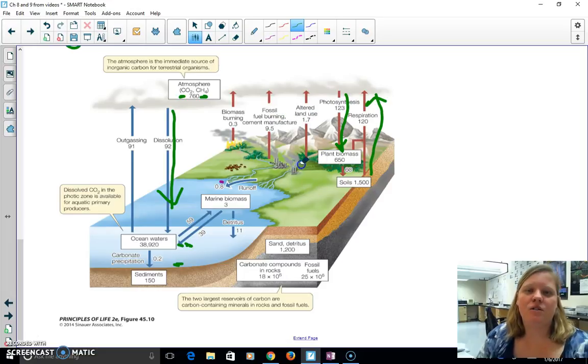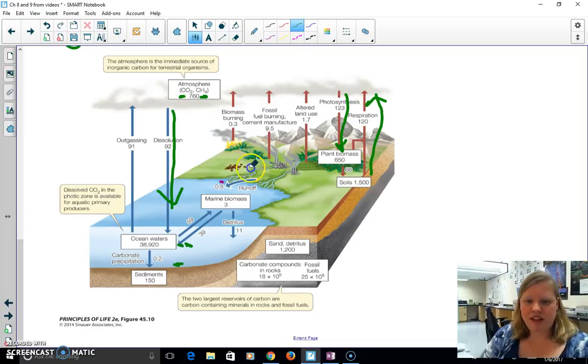You can see how altered land use matters. When I said deforestation, they cut the trees down and then use the land for growing other things, and that alters the flux of carbon as well. People say that's what's causing global warming, and it is partially true. There's a lot of carbon that humans are releasing into the atmosphere, and it's a problem.